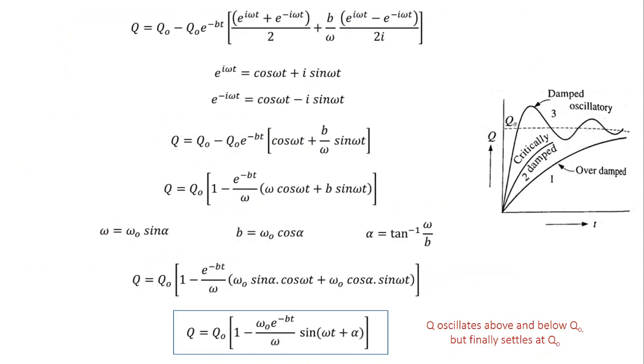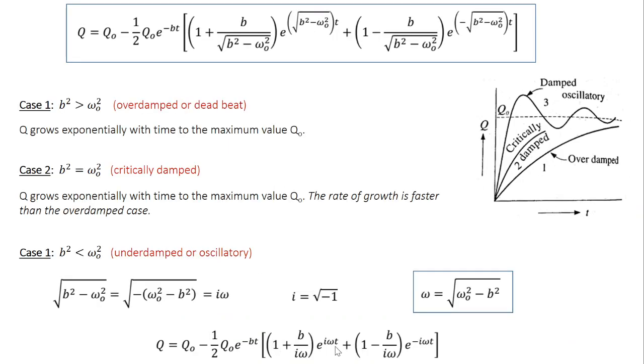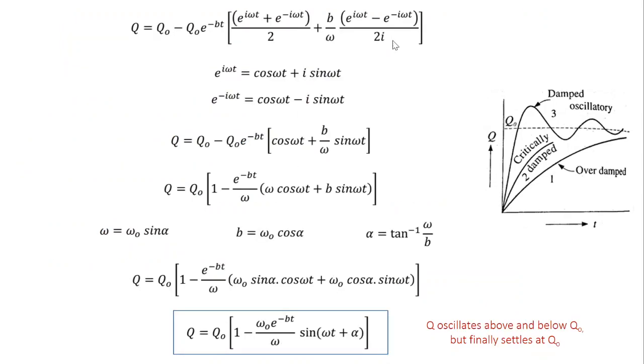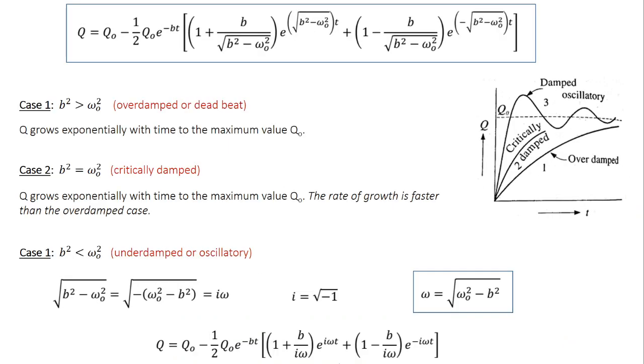Let's make some rearrangements. If you look here, I have e to the power i omega t plus e to the power minus i omega t. So let's bring those two together. Similarly, in the other equation also you have e to the power i omega t minus e to the power minus i omega t. And the half factor here I am going to take inside the bracket.